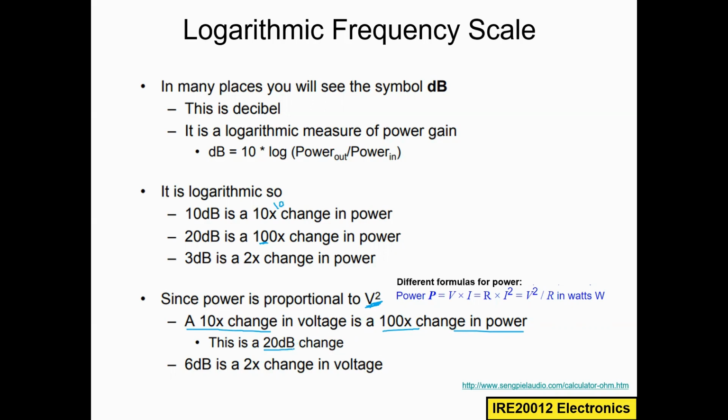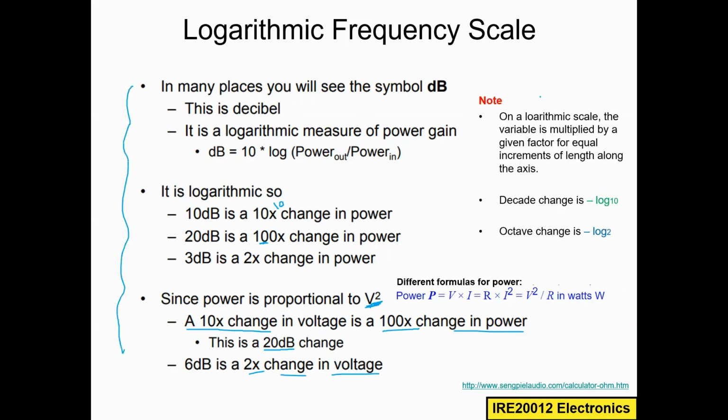So 20 log of the transfer function with base 10. 6 dB is a 2 times change in voltage. These are just the same thing, written in a different way. On a logarithmic scale, the variable is multiplied by a given factor for equal increments of length along the axis.